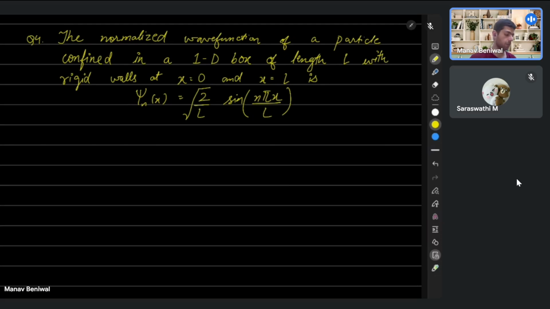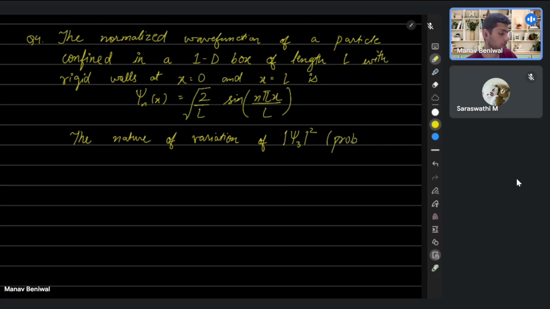So we are given a normalized wave function for a 1D box of length L, and the rigid walls are located at x equals 0 and x equals L. Now the question is: what will be the nature of variation of psi 3 squared?